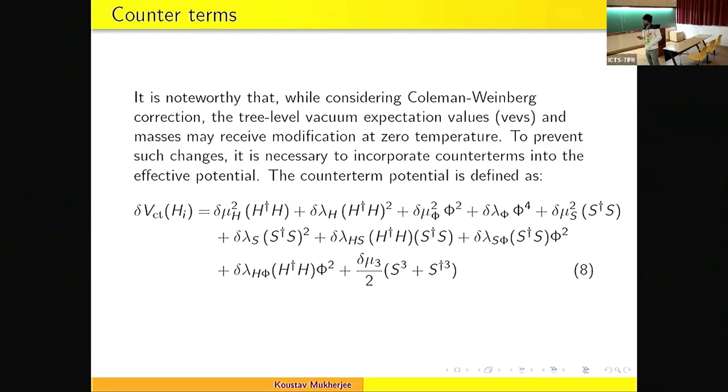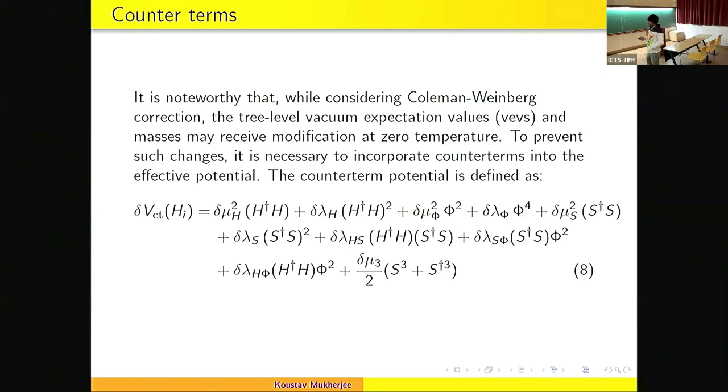So it may happen that while introducing the Coleman-Weinberg potential to the tree level part, the masses and the vevs may change. In order to ensure that those do not change at zero temperature, we incorporate these counter terms, delta mu h square, delta lambda h, and this one.